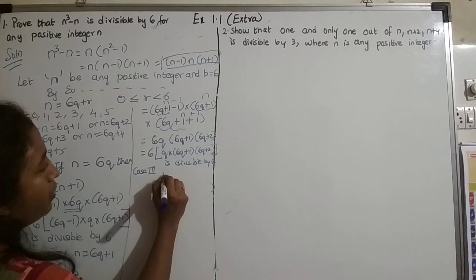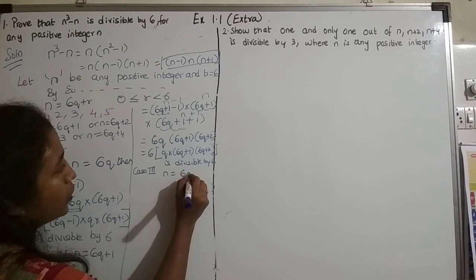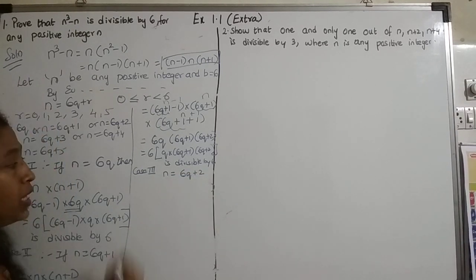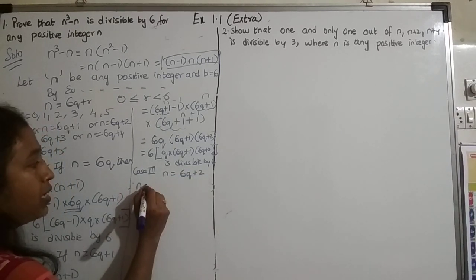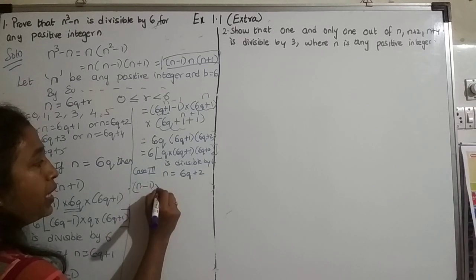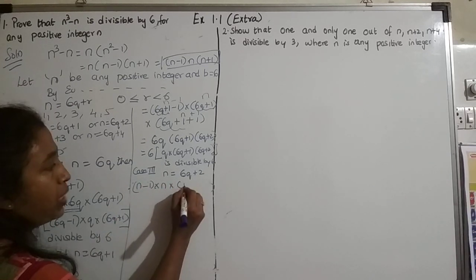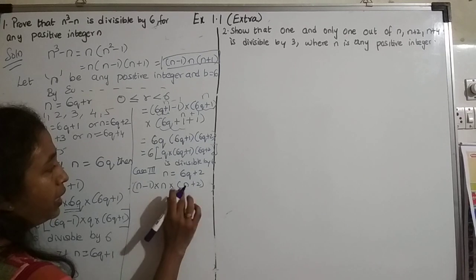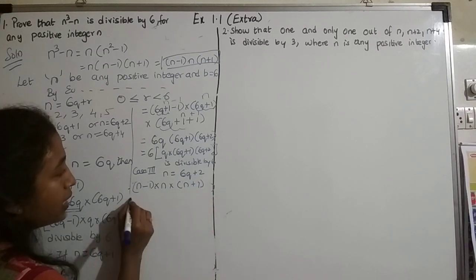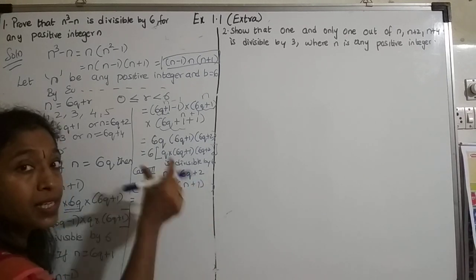Case 3. Let me take case 3 when n equals 6 cube plus 2. Therefore, n minus 1 into n plus 1. So in this case, n you will take as 6 cube plus 2.